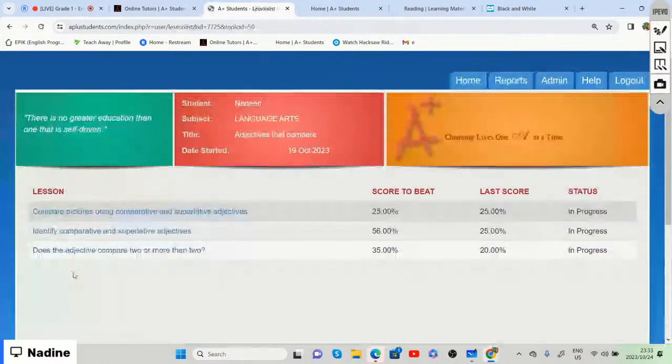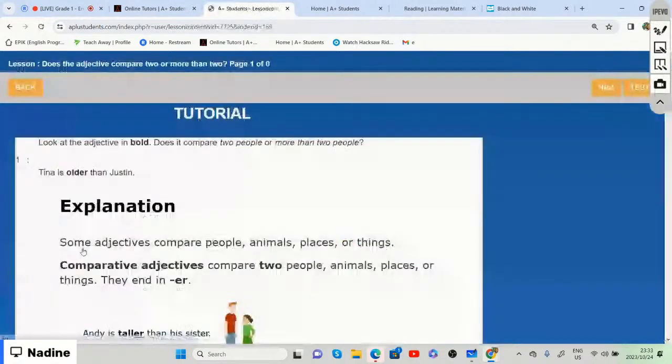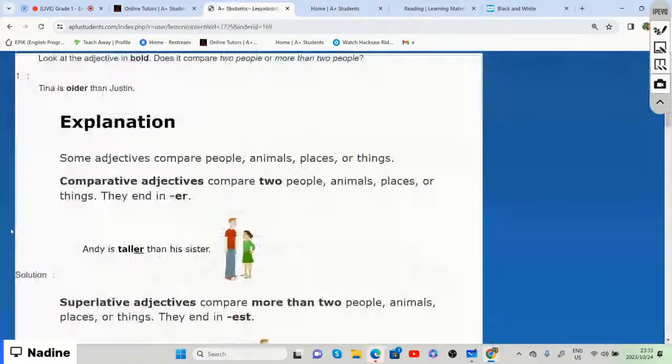All right, so now we're going on to our next lesson, which is: does the adjective compare two or more than two? We need to say if the adjective compares two or more than two. We said some adjectives compare people, animals, places, or things.